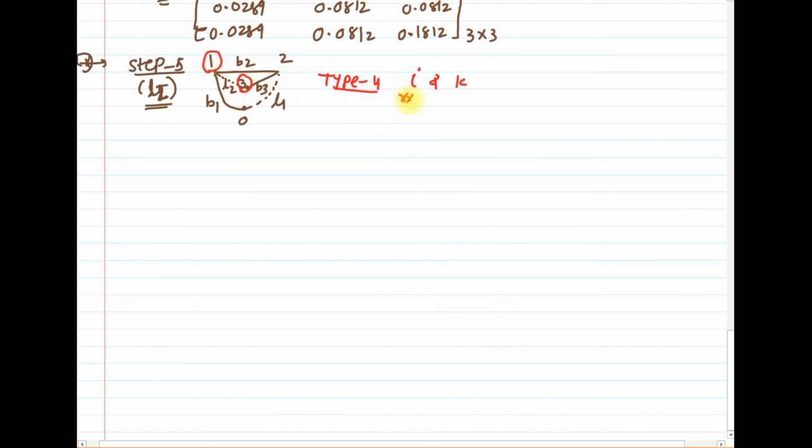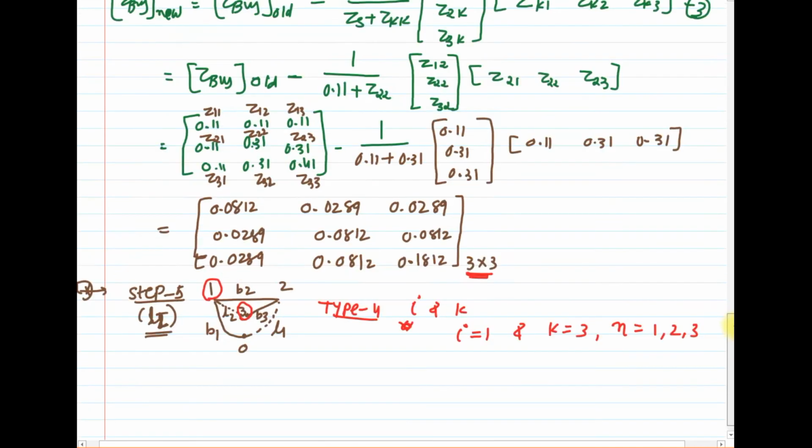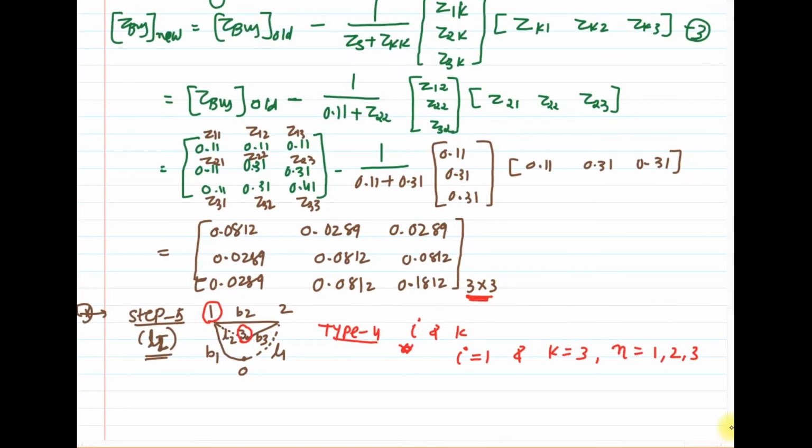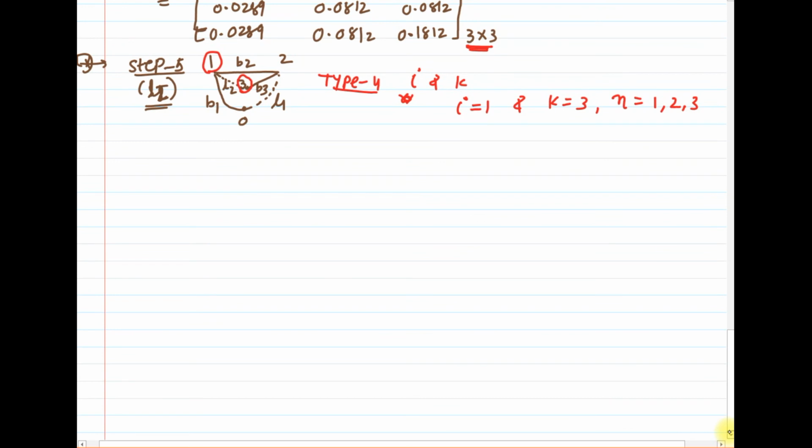So for this case i is equal to 1 and k is equal to 3. Again, for this case n depends upon the previous modifications, so it is 1, 2 and 3. Up to 3 we will consider the value of n. I hope you have cleared.